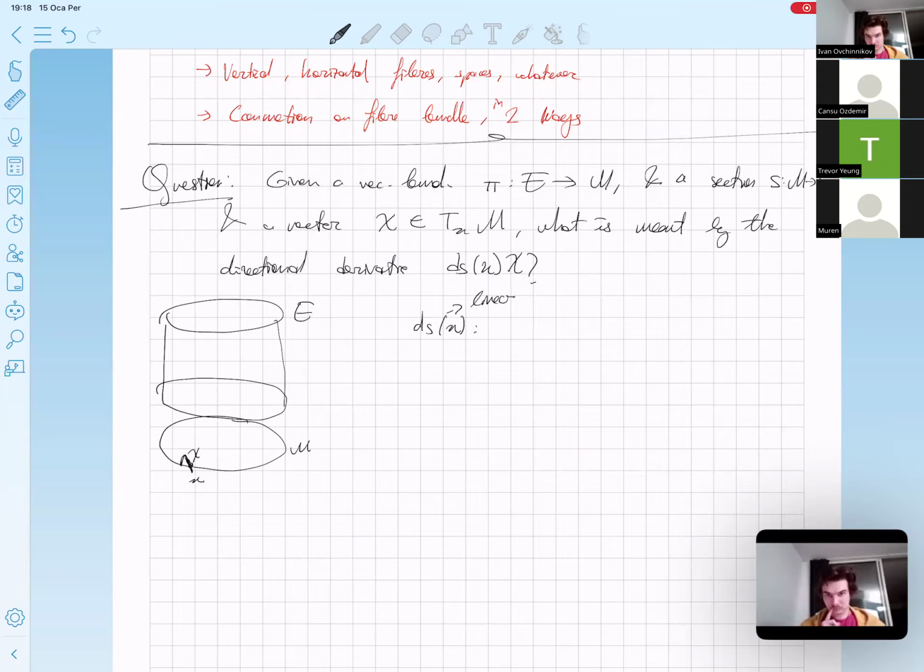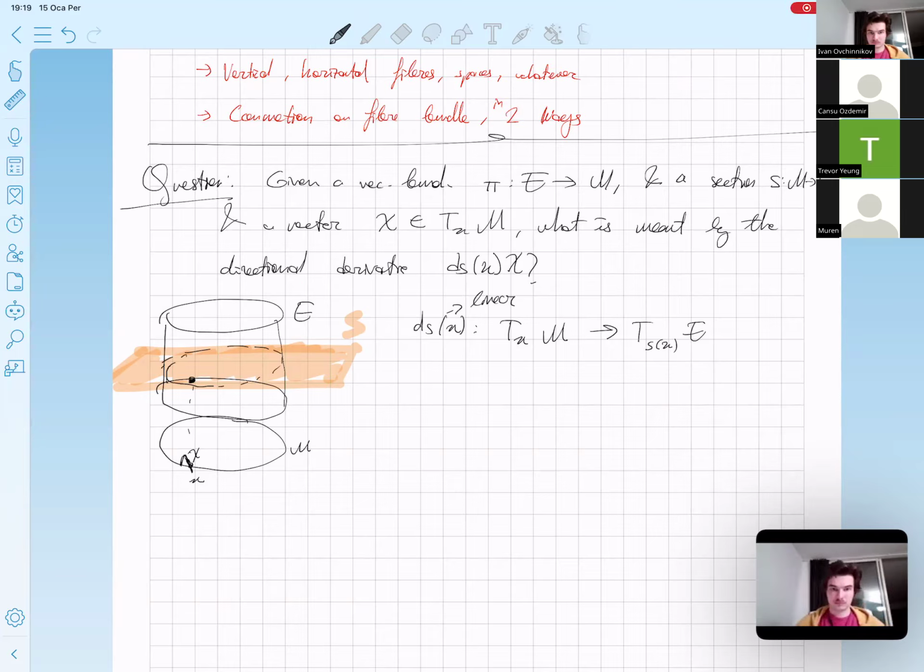This is linear, and it's from the tangent space of x to the tangent space of the section, where x sits in the section in E. So we have a section. So for example, if this is the section, this is S, and then x is sitting here, right? Because this is the thing that the section crosses in E.